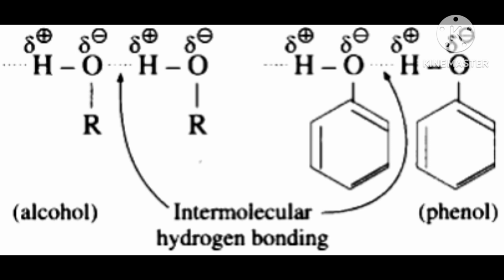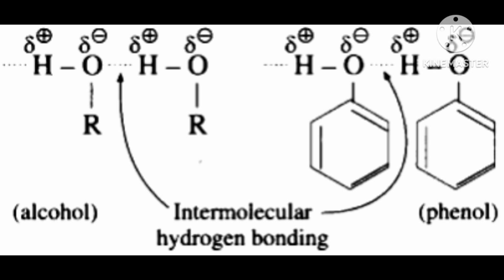Then first hydrogen bonding will take place, because C2H5OH, I mean CH3CH2OH. Then this H of the first molecule and O of the second molecule of ethyl alcohol will attract each other and make a weak bond.